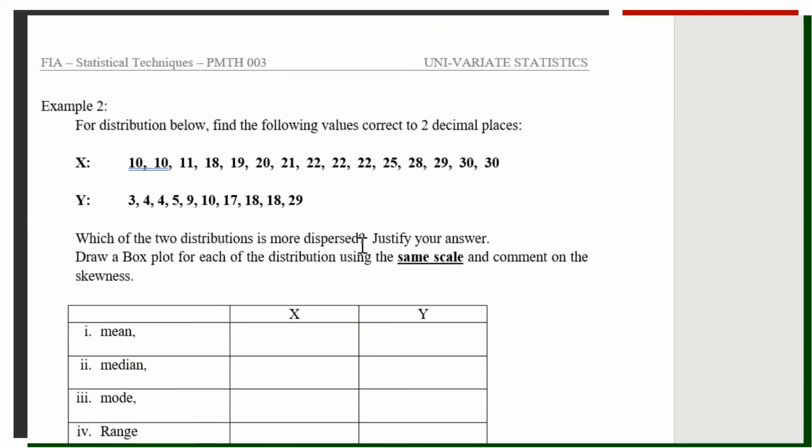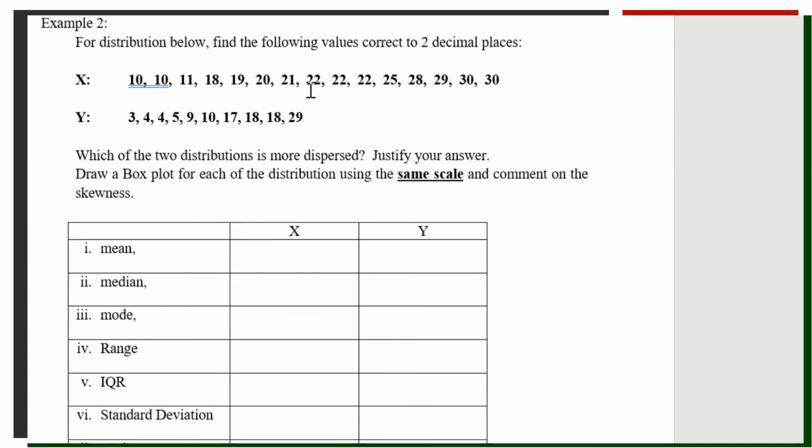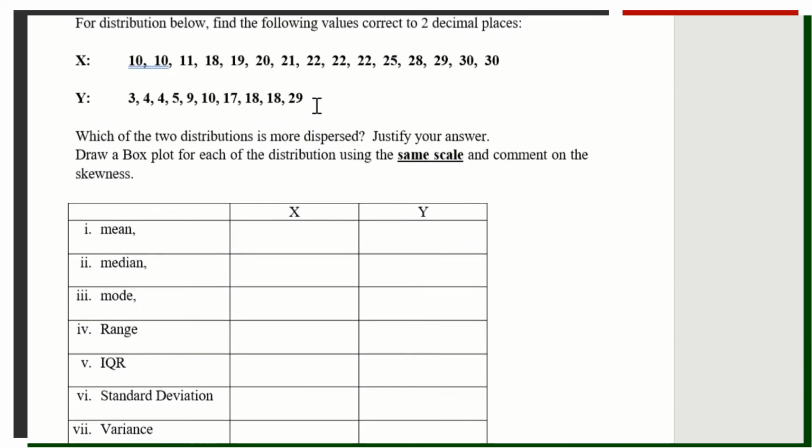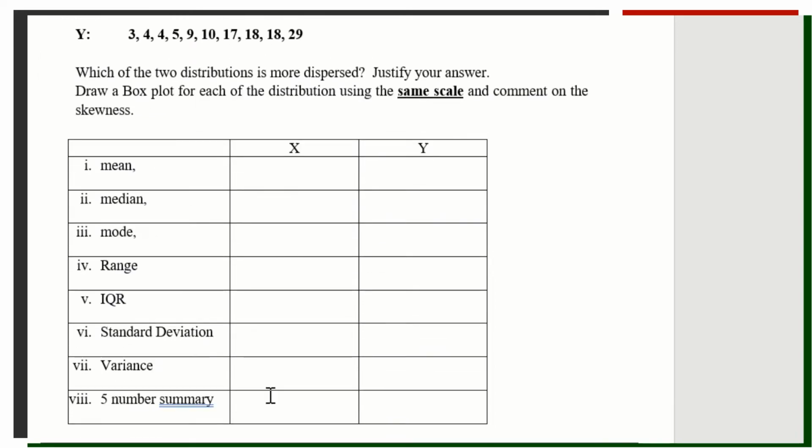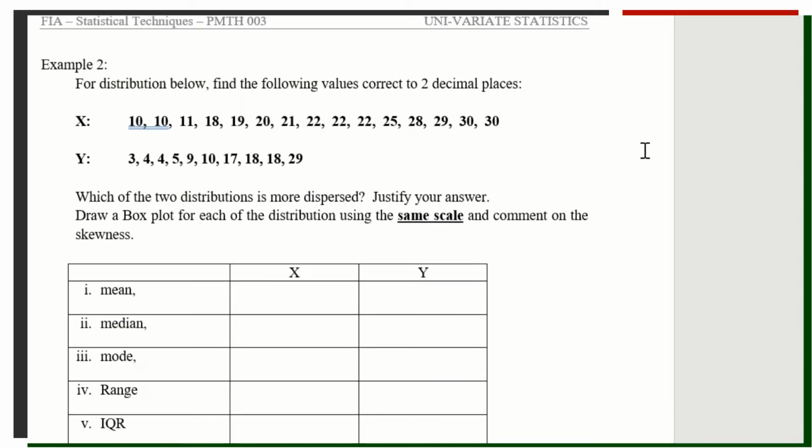Okay, example 2. I've given you 2 sets here, X and Y. These are ungrouped data. So what I want you to do is use your calculators. There are 2 ways to do this. You can put 10 with frequency 2, 11 with frequency 1, 18 and so on, or you can enter it as ungrouped data.